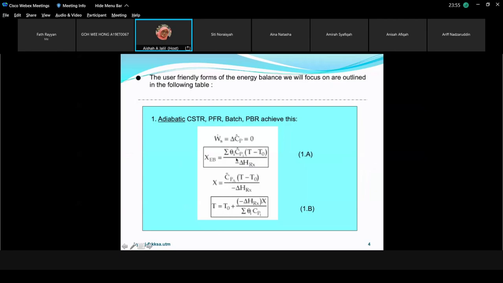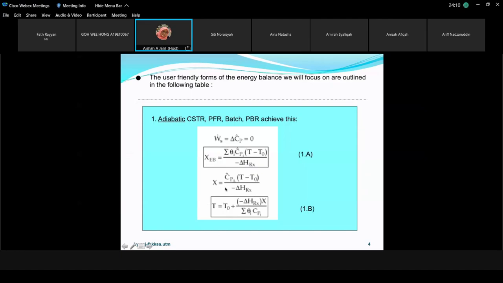Can you understand? If just A, it becomes like this: C_P (T minus T naught) over minus delta H_RX.